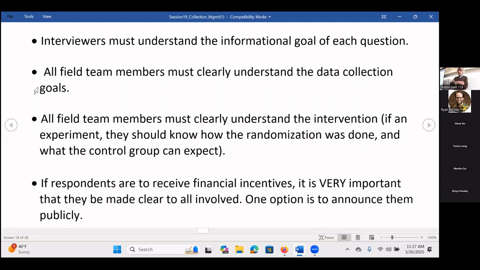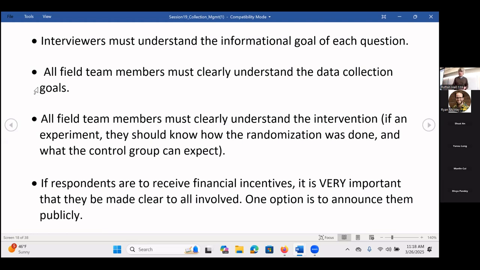So here are a few bullet points on what you should do with training. First of all, the interviewers need to understand what's going on, why you're asking these questions, because if they think, oh, this question is not very useful, they may not do a good job. So ideally, they would understand what's going on with every question, and certainly every section, what the purpose of it is. Everybody needs to understand the goal of the whole evaluation or data collection.